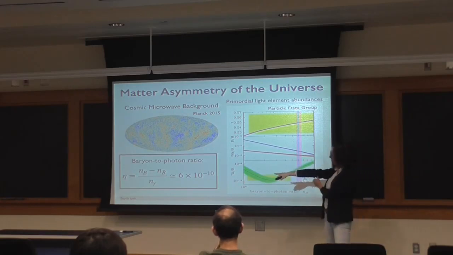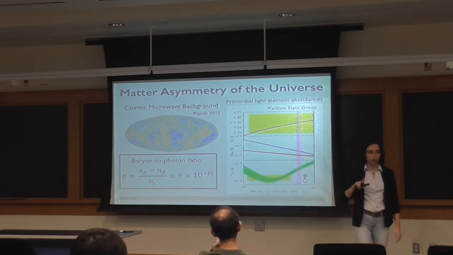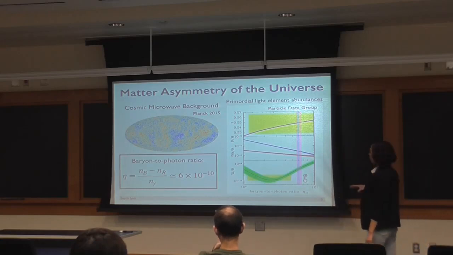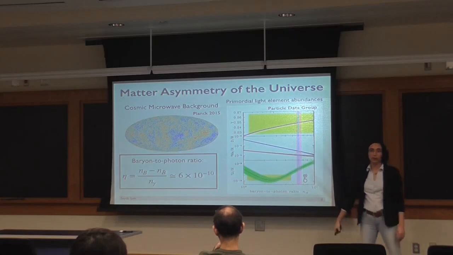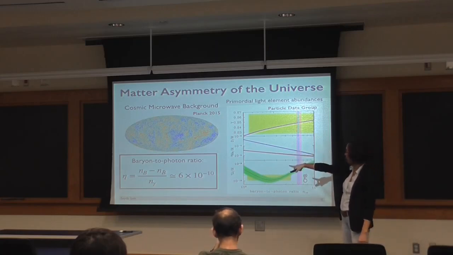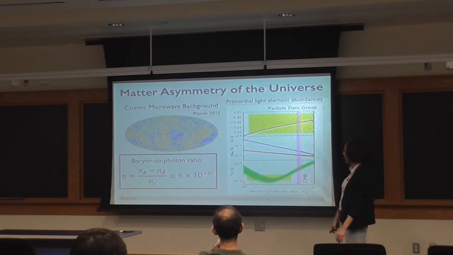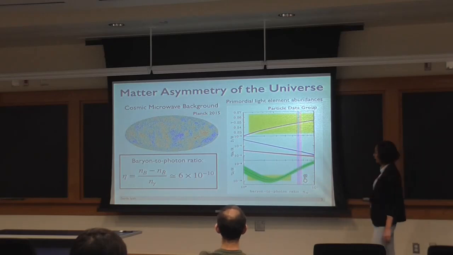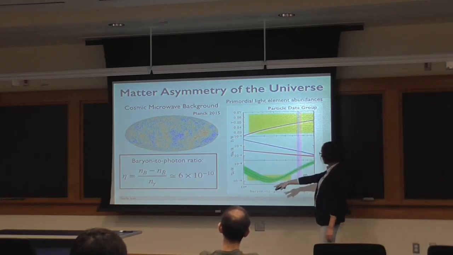This number can be measured at two distinct times in the history of the universe. One of them is from the cosmic microwave background, the CMB, and the number you measure from the CMB is 6 times 10 to the minus 10. This is the amount of the asymmetry that exists in the universe.